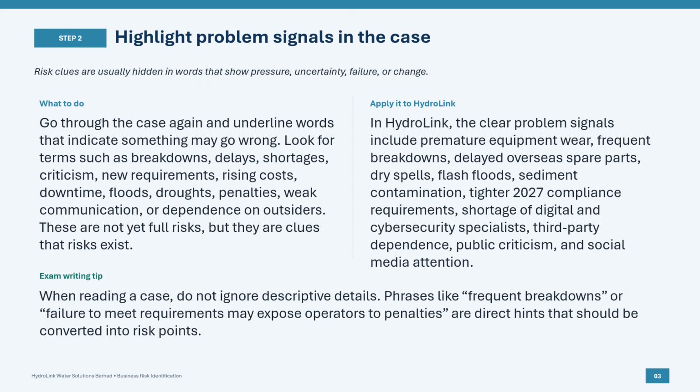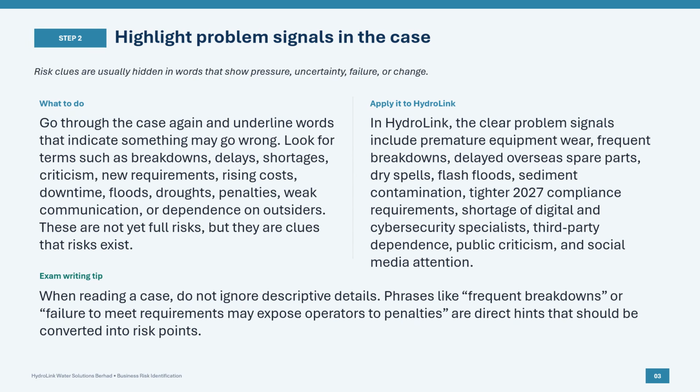In HydroLink, the clear problem signals include equipment wear and tear. So the equipment may already be too old and may cause problems. Okay, frequent breakdown.